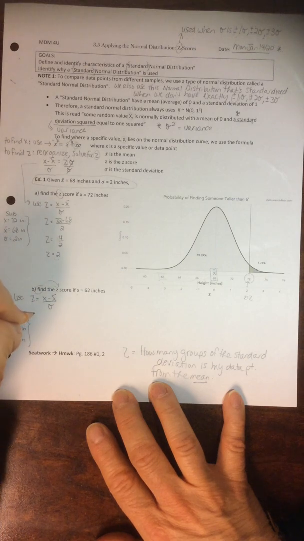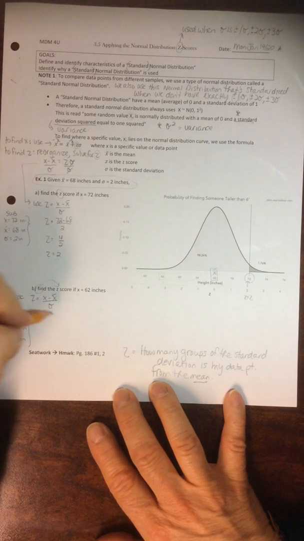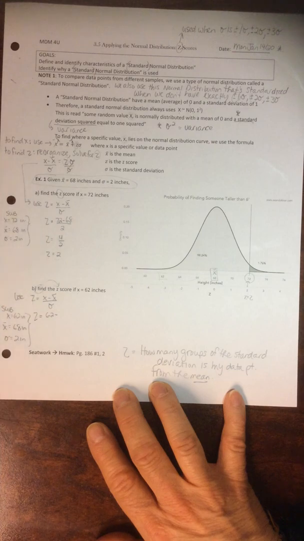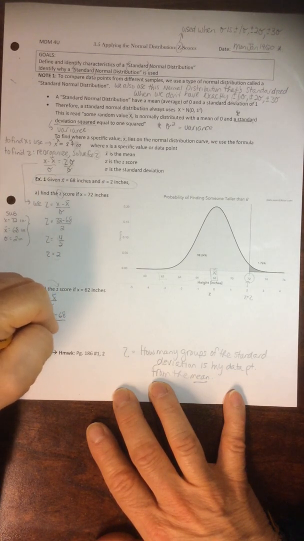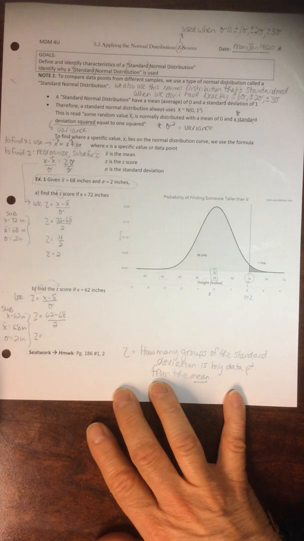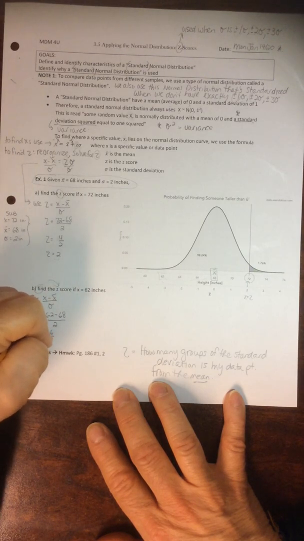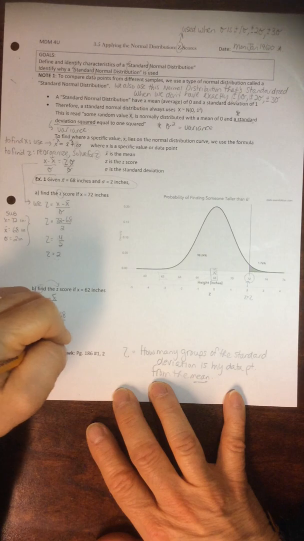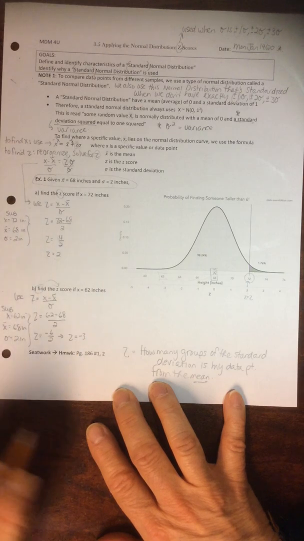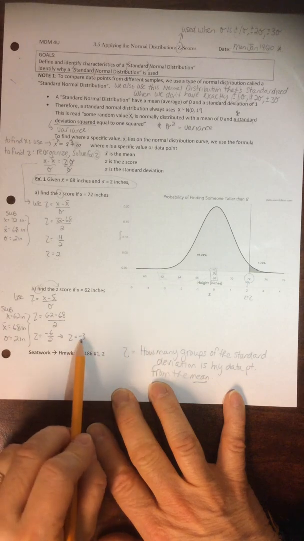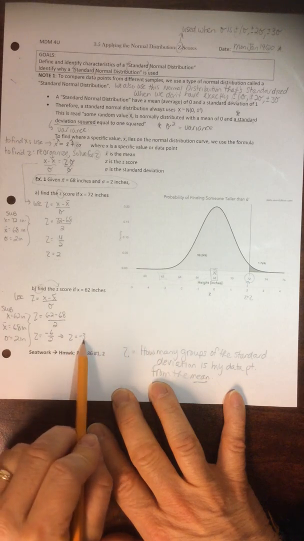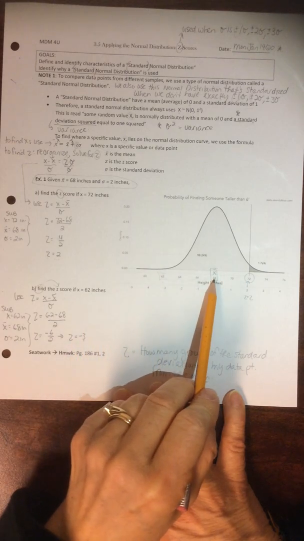So z is equal to x, where 62 is x, minus the mean of 68, divided by the standard deviation of 2. Z is equal to -3. So that means that x is 3 groups below my mean.